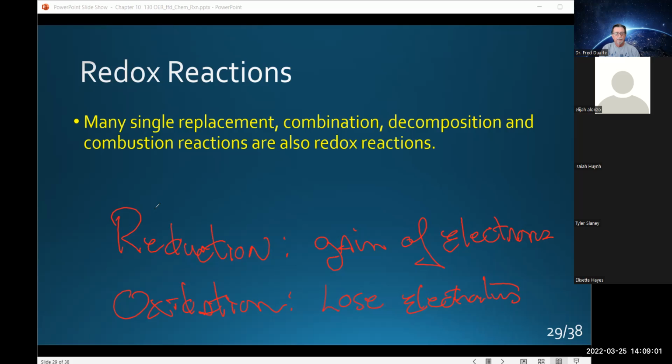Okay, and if you look at the RED and the OX combined, it gives you redox. The thing about redox reactions is they occur together. You cannot have a reduction happening all by itself and an oxidation happening by itself. They're the yin and the yang of chemical reactions.